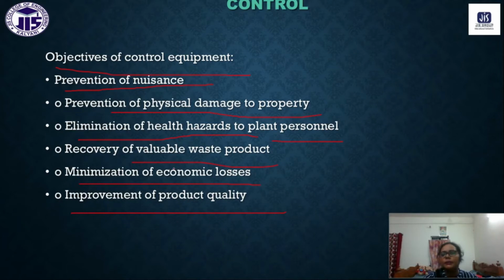So these are some of the objectives of using control equipment.